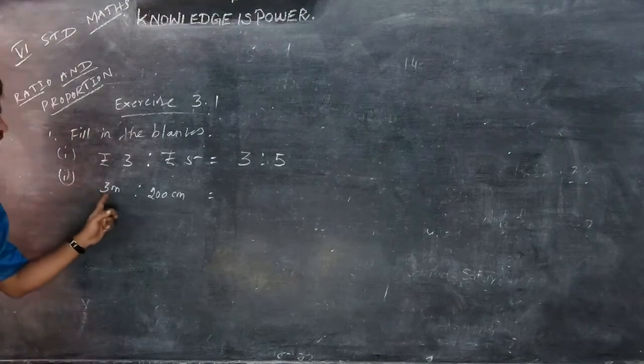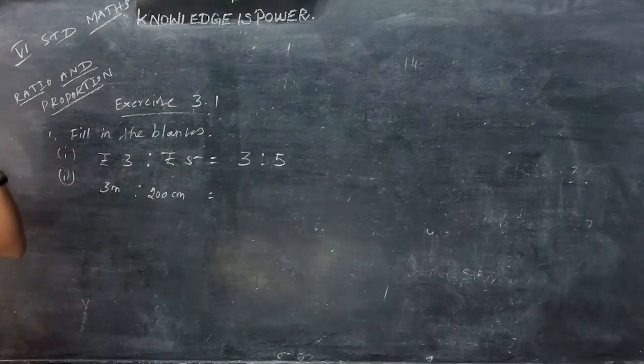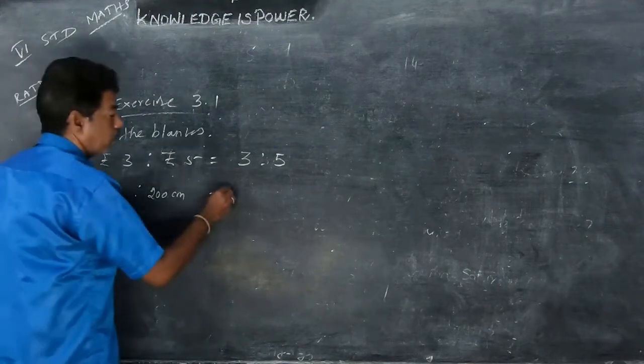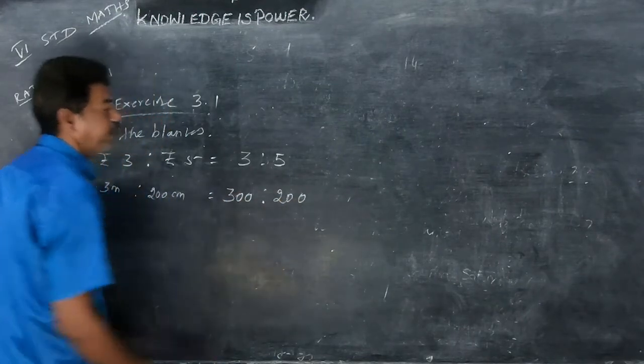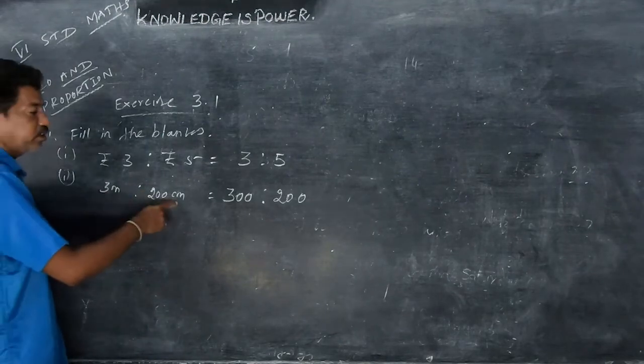Okay, so 3 m can be written as 300 centimeter. Then only is it possible to write 300 is to 200. Make it equal first, because here there is meter, here there is centimeter.